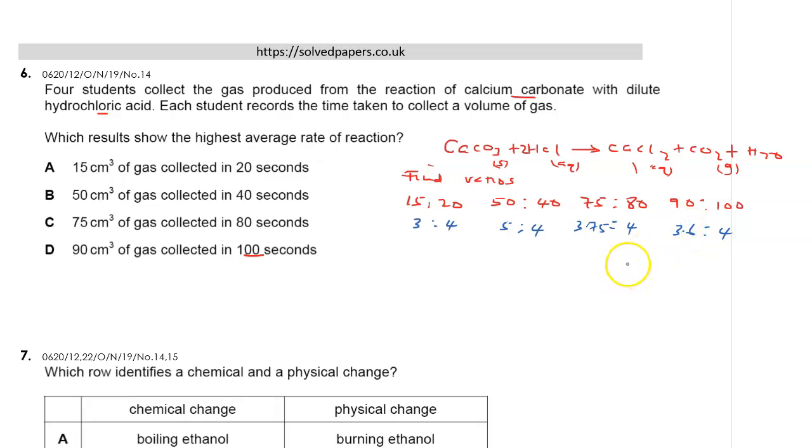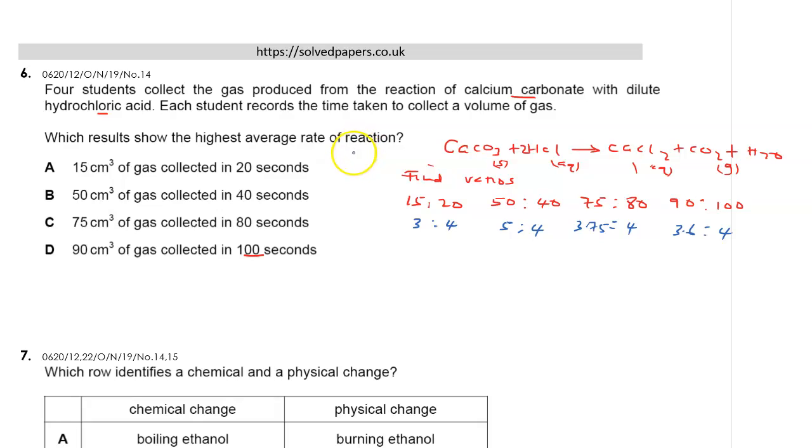So you look for the one which has got the least ratio, because the question is which results show the highest average rate of reaction, right?